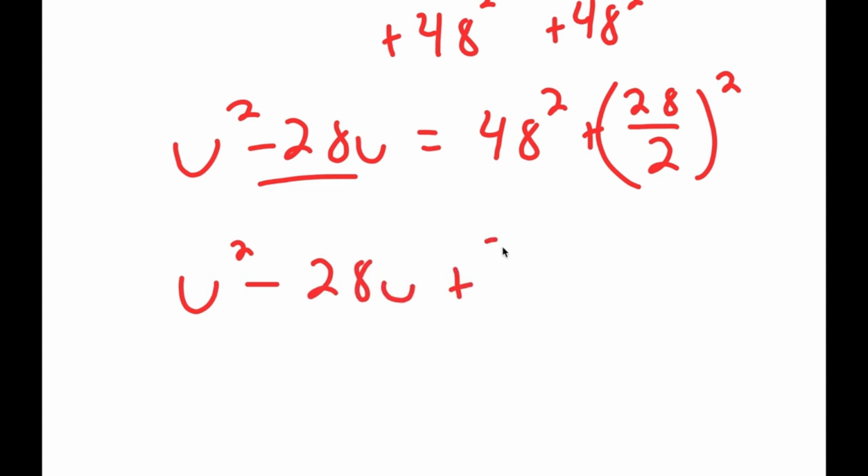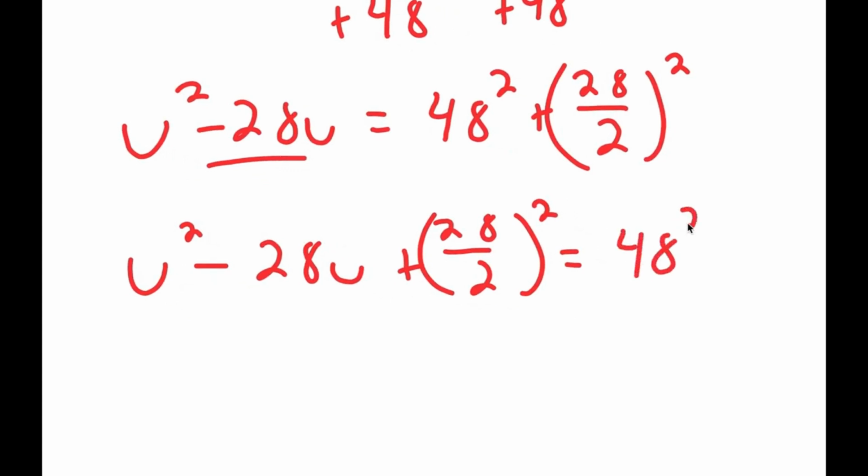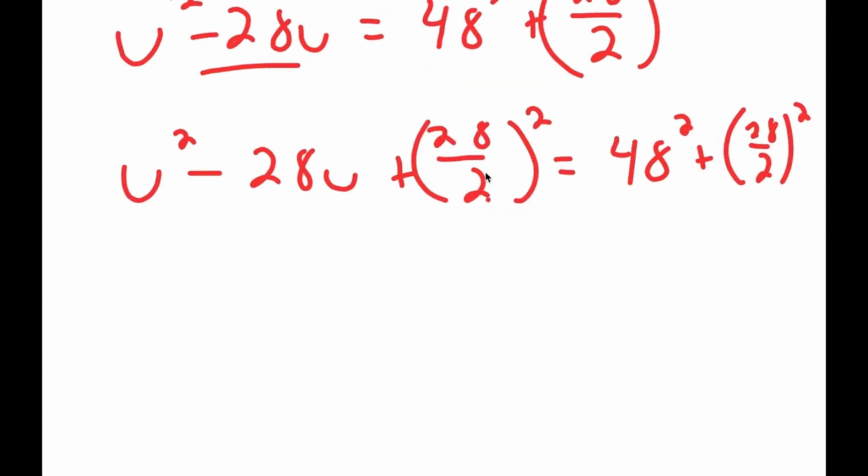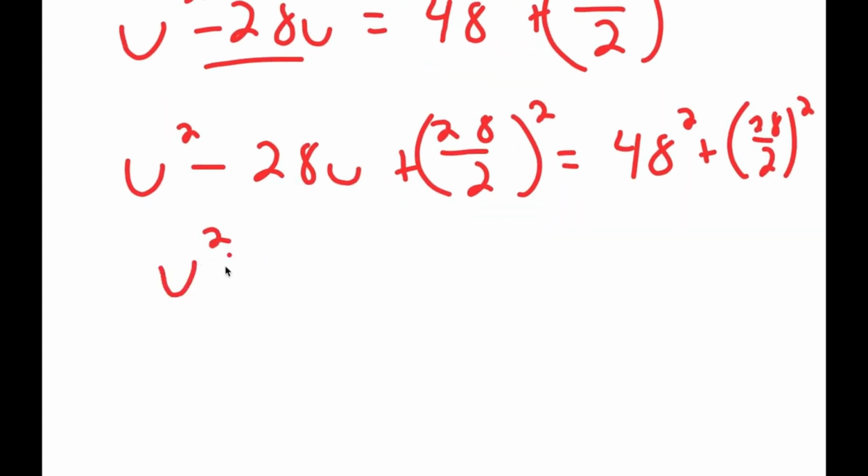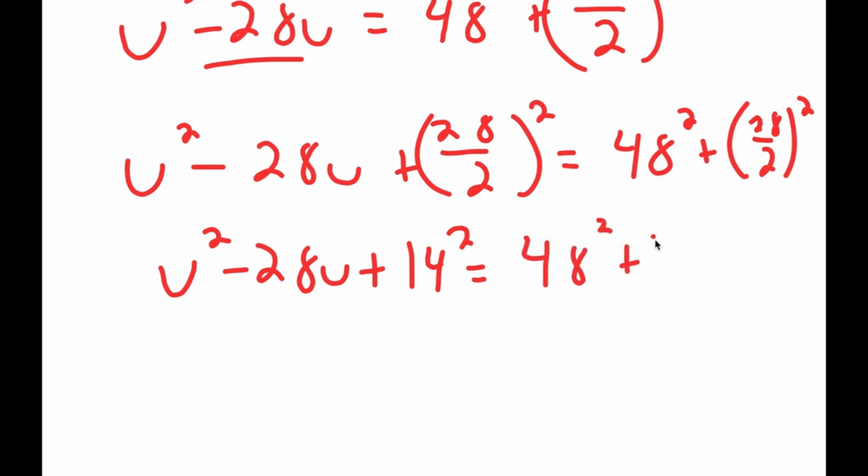So I add 28 over 2 squared on both sides. And 28 over 2 is 14, so I get u squared minus 28u plus 14 squared, which is equal to 48 squared plus, again, 14 squared.